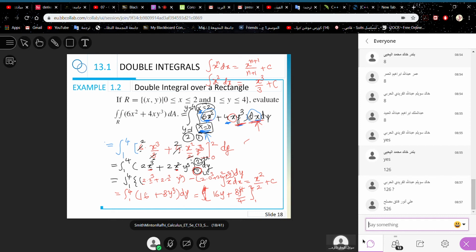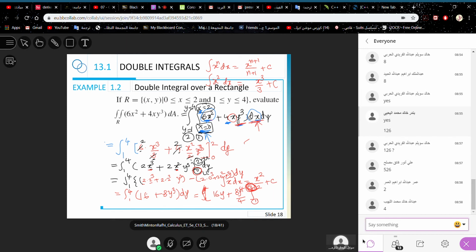Okay. Now apply the limits. What is your limit here? This is 1, this is 4, right? Apply the limit. So this is 16 times 4 plus 2 times 4 to the power 4, minus 16 times 1 plus 2 into 1 to the power 4.